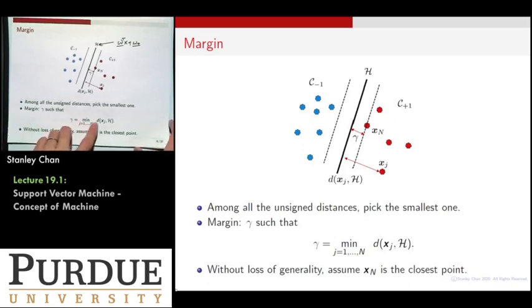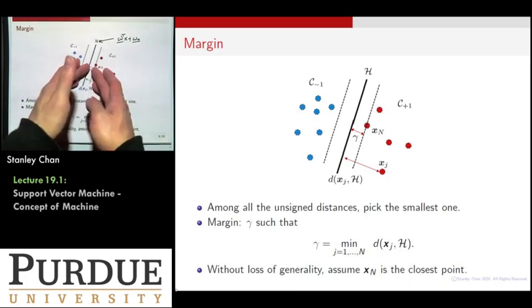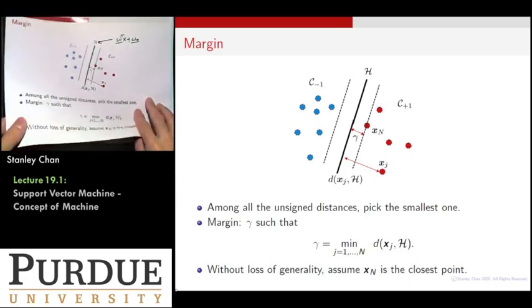So the gamma defines the margin, and what do you want? Well, of course, very soon we are going to maximize this gamma, subject to certain constraints, right? Because by maximizing this margin, I will be able to give you the biggest band, and you will be happy. Okay, so that will be something that we want.